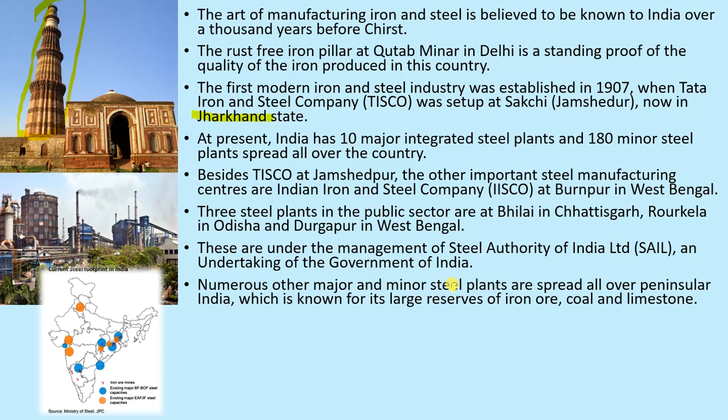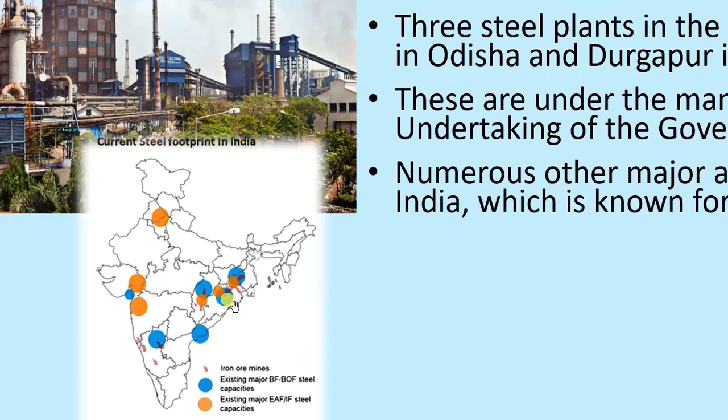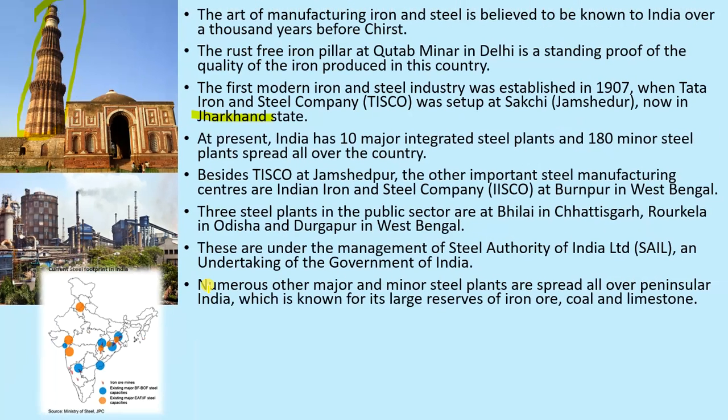Numerous other major and minor steel plants are spread all over peninsular India, which is known for its large reserves of iron ore, coal, and limestone. You can see in the map of India that most of the industries are located in South India only, showing that iron and the other required materials are abundantly available in peninsular India.